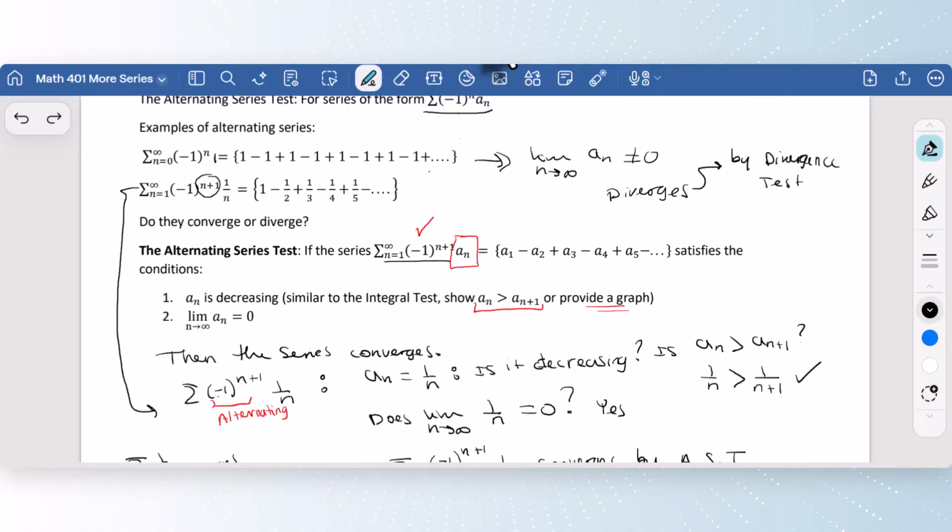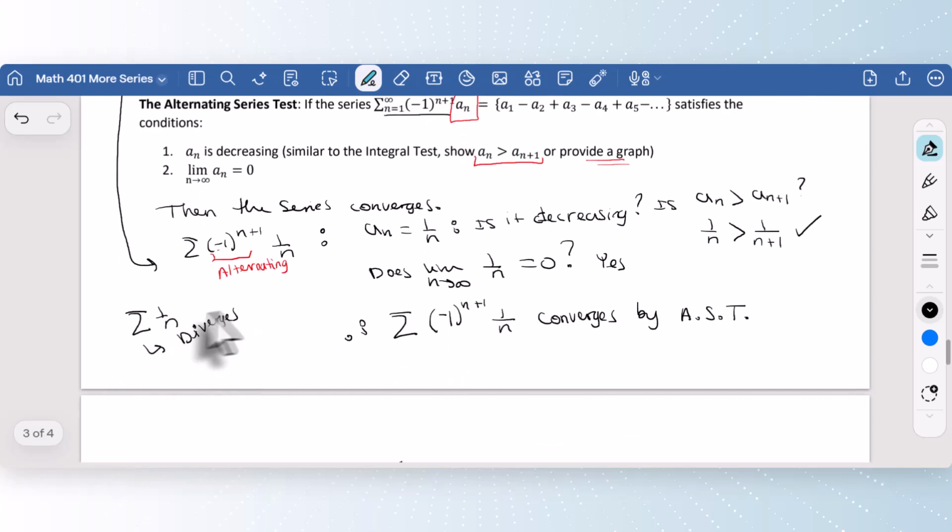At n equals 1, it will be 1; at n equals 2, negative 1/2; at n equals 3, 1/3; at n equals 4, negative 1/4. So you can see how it goes: it gets close to 0, but because you're going positive, negative, positive, negative, they start to add up and close in on a number. So the alternating series allows it to do that, whereas the regular series didn't.